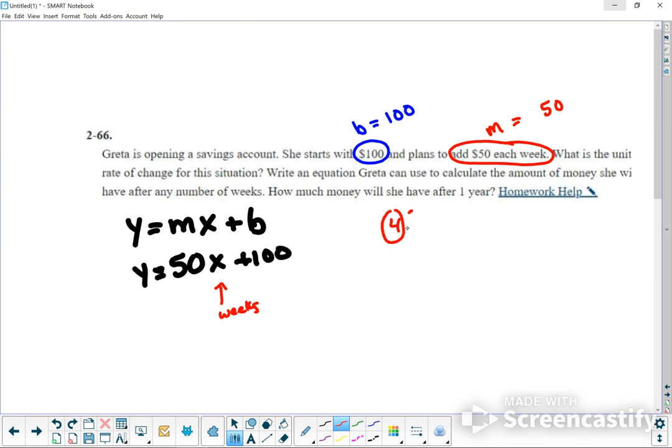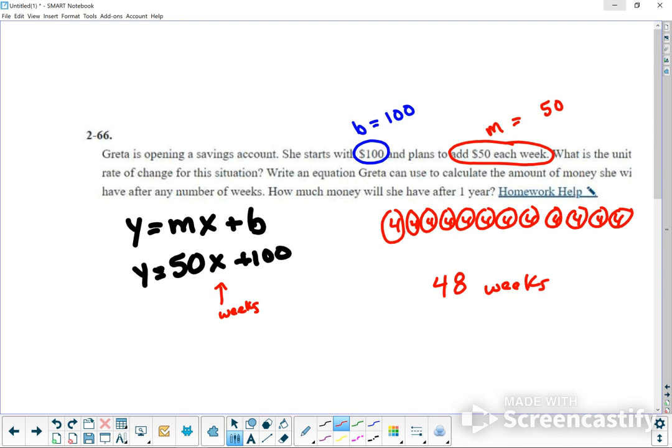So 1, 2, 3, up to 12. So we have 4 weeks times 12, which is 48, right?